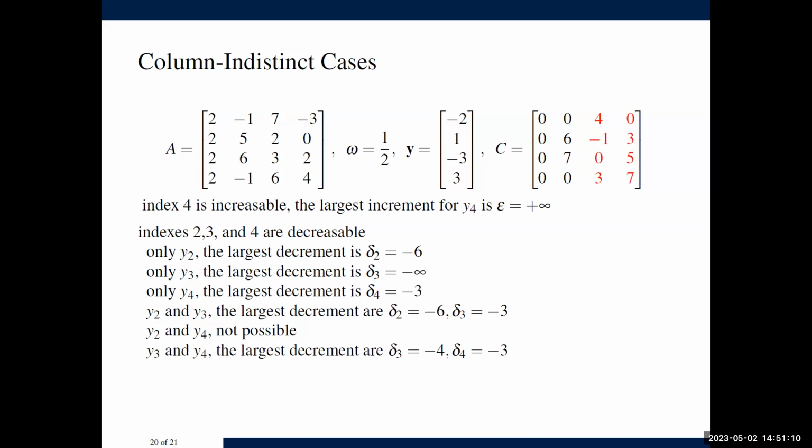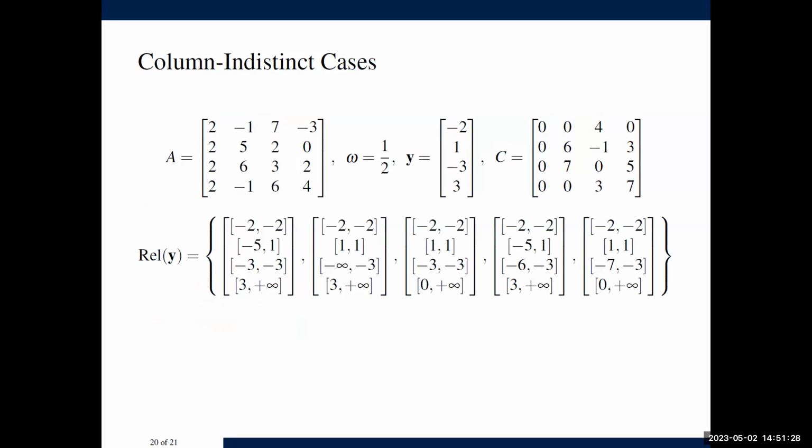When we modify y3 and y4, the largest decrement for the third element is -4, and for the fourth element is -3. And lastly, obviously, we cannot decrease y2, y3, and y4 at the same time. And this is the possible relaxed solution with respect to this factor y.